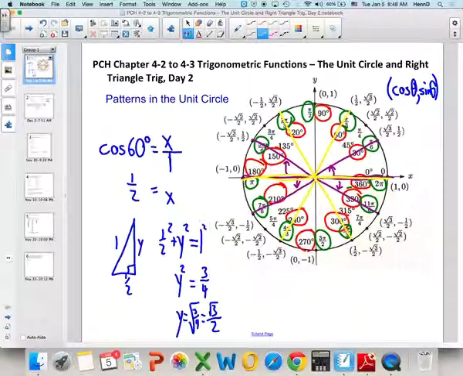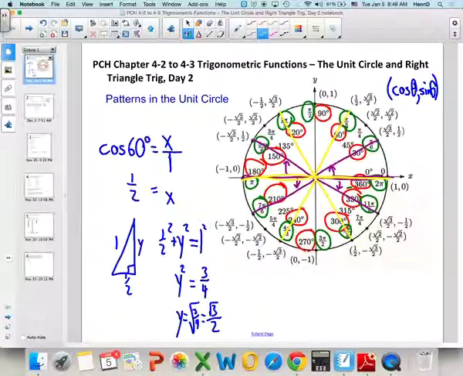Those are another pattern. And that's basically the denominators, right? If you look at the denominators when you're looking at the radian measures, the denominator will tell you if it's the same reference angle or not. Of course, we're talking about reduced fractions. So if I had pi over 5 and 4 pi over 5, even though those aren't on the unit circle, they still have the same reference angle.